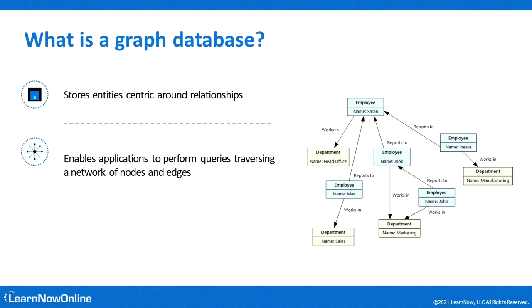And then you also need to specify the edges. The edges define the relationship between nodes. So each square box in this diagram is a node, and each arrow connecting one node with another is an edge which defines the relationship between nodes. N number of relationships and N number of nodes can exist inside one graph database.